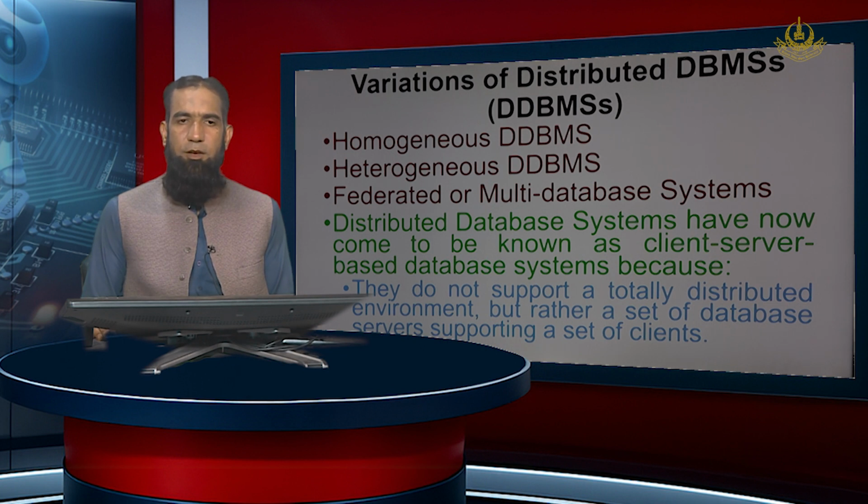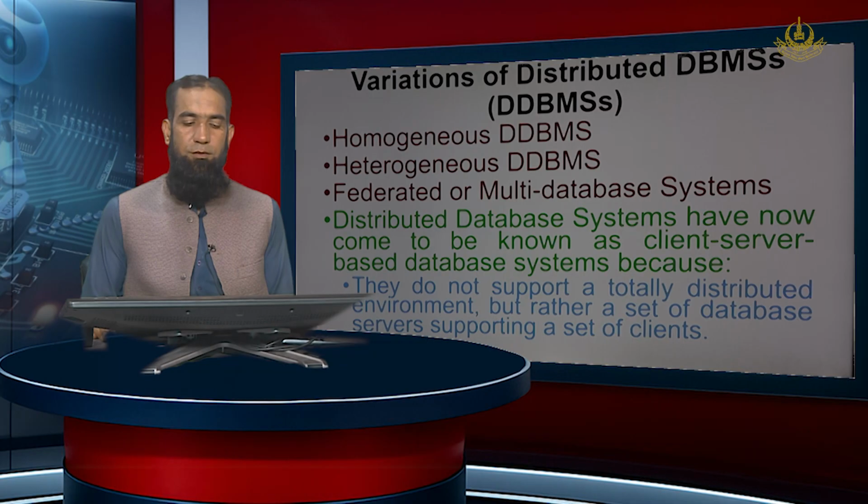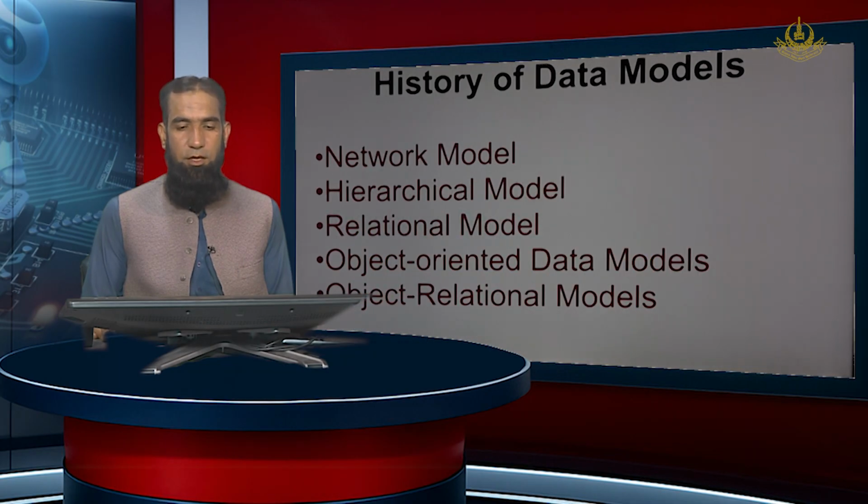They are connected with multiple suppliers and multiple sales personas. Distributed database systems have now come to be known as client server based database systems because they don't support a totally distributed environment, but rather a set of database servers supporting a set of clients.